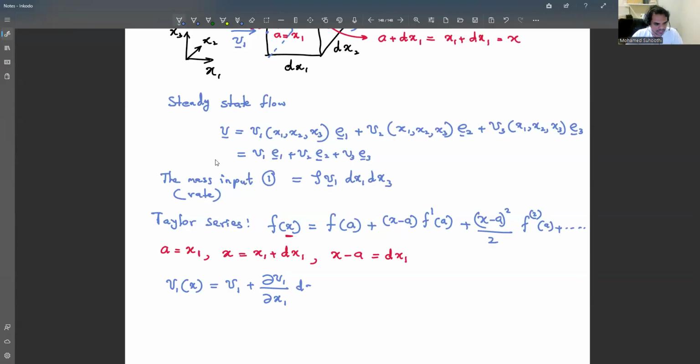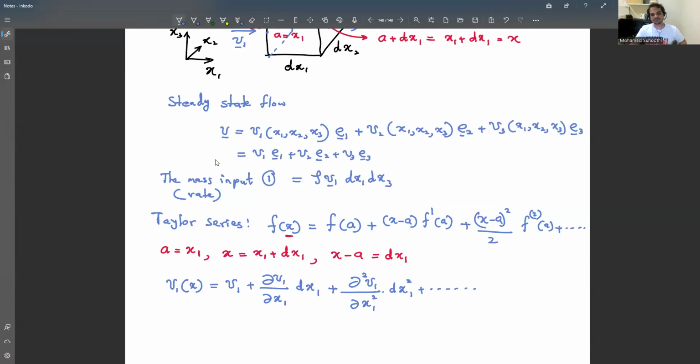Into dx1, right? Similarly, plus, if I use it again here, the second derivative, dou 2v1 dou x1 squared, into dx squared, dx1. So like that, it will go.